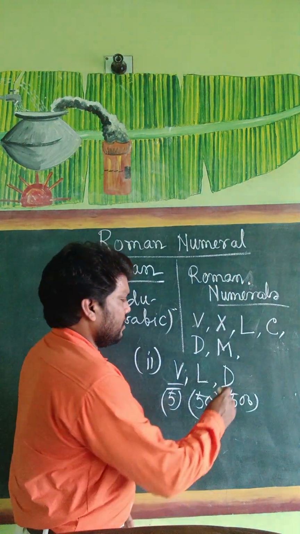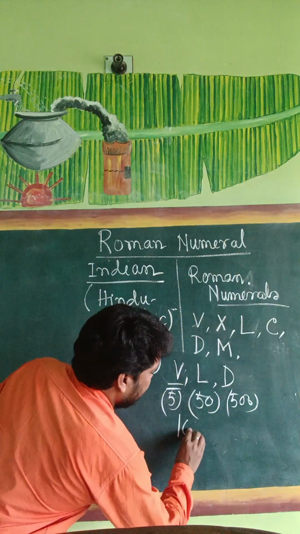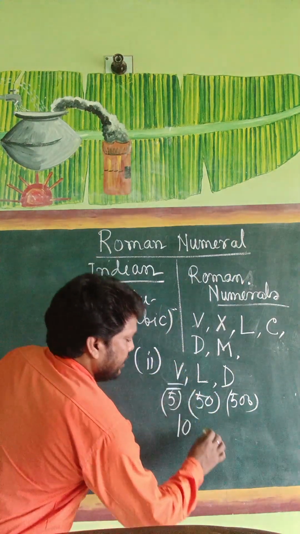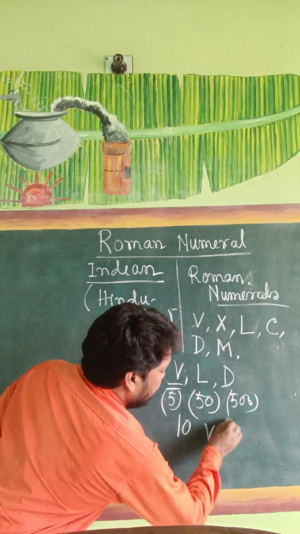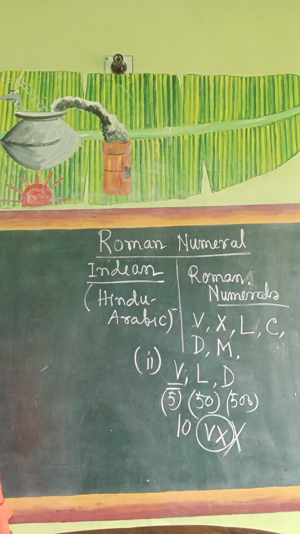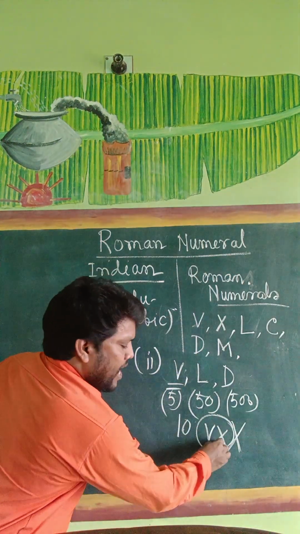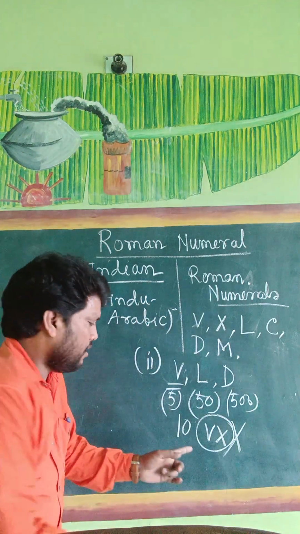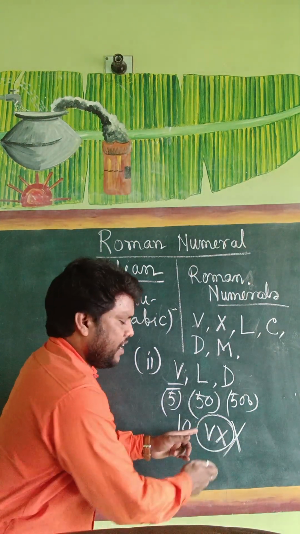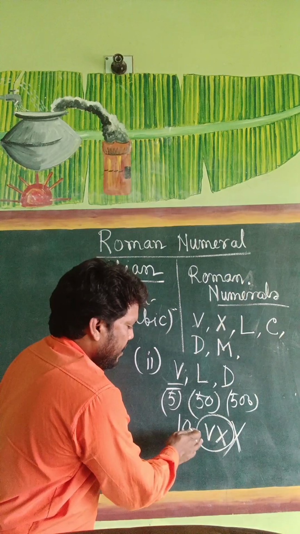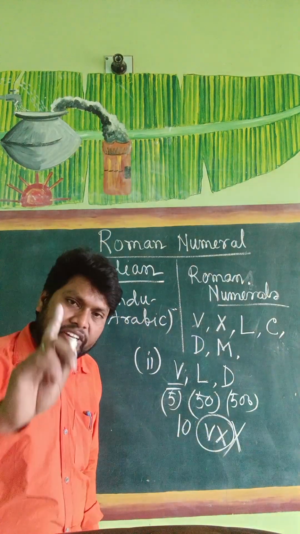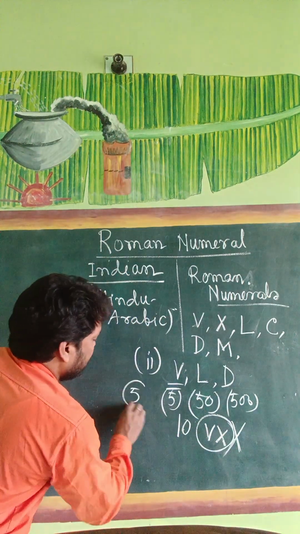Why? Suppose 5 is written as 10 minus 5, that is X and V. It is wrong. 10 has a particular value, X, and V has a particular value, 5.